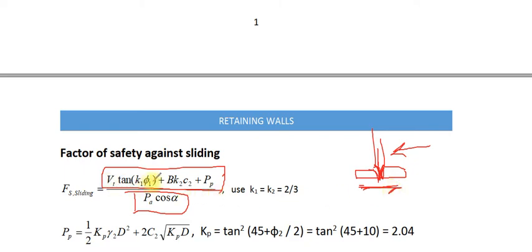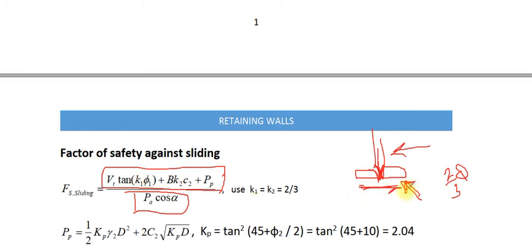Vt tan K phi. But here the delta, the angle of friction between the concrete and the soil, equals about 2/3 phi. Phi is the angle of internal friction of the soil. K equals 2/3 phi.